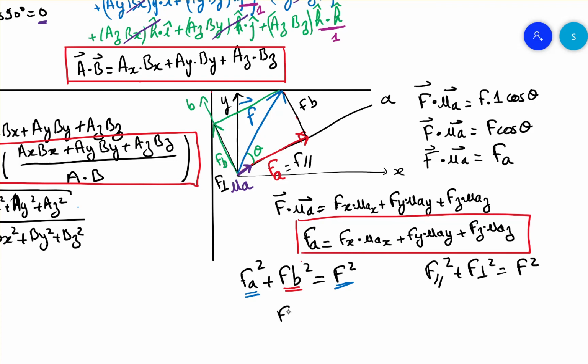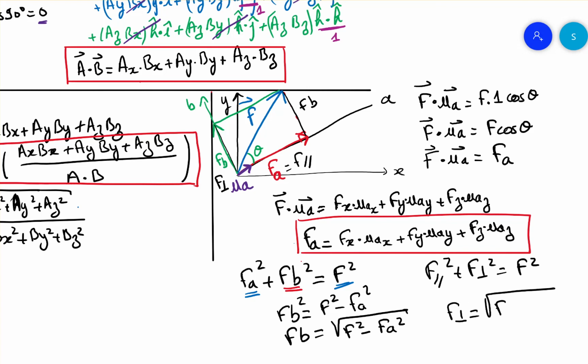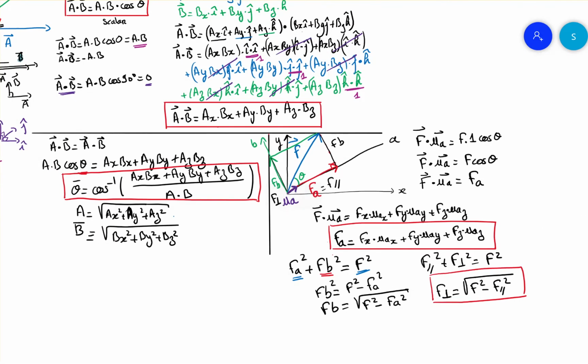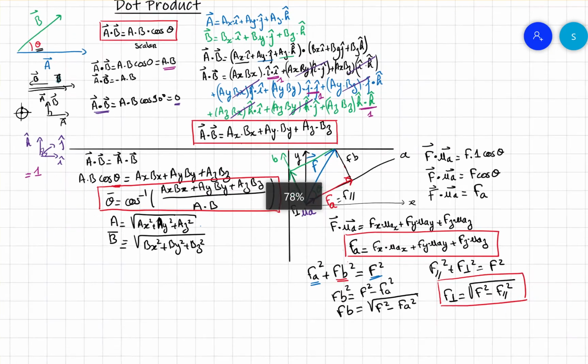We can write that FB square is equal to F square minus FA square. So FB is equal to the square root of F square minus FA square, or F perpendicular is equal to the square root of F square minus F parallel to the axis square. So you can write this formula. So we'll need to find the second component, the perpendicular component of the force.